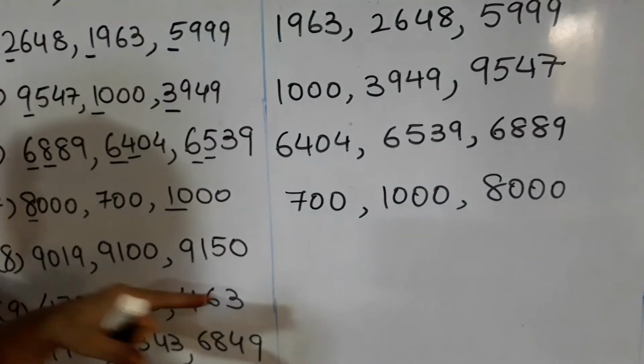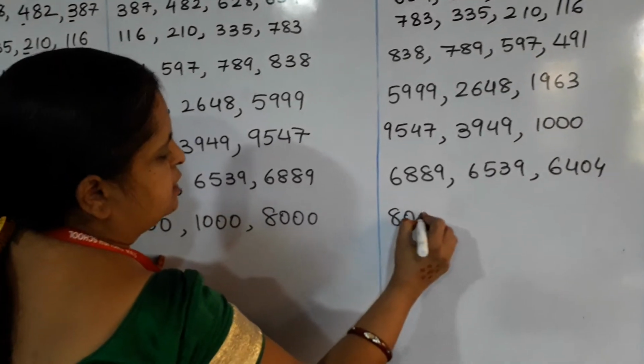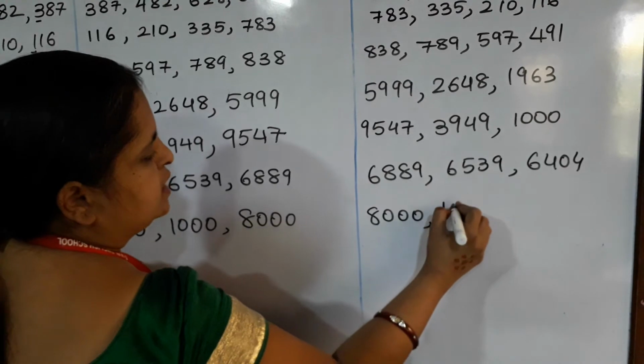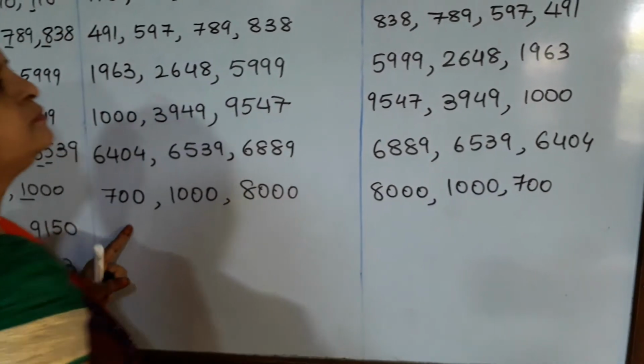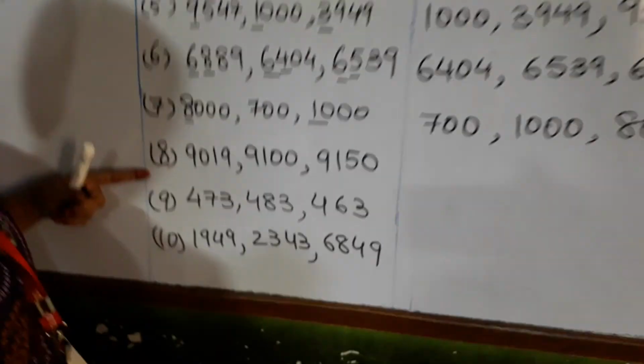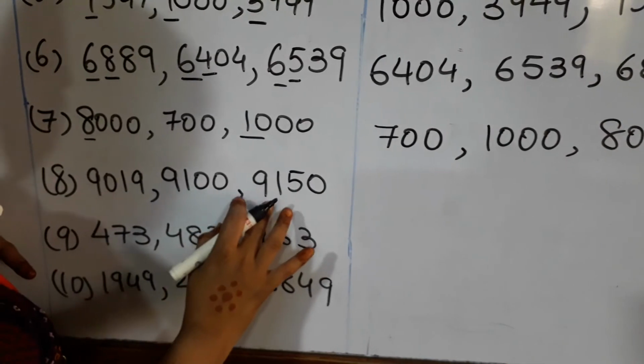And again for the decreasing order we will write the bigger number first 8,000, 1,000 and 700.